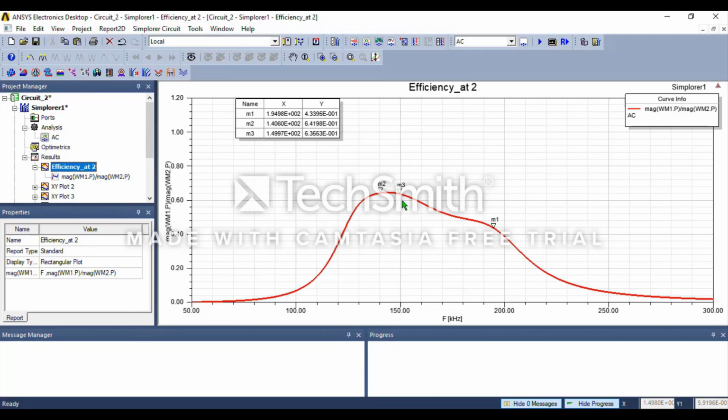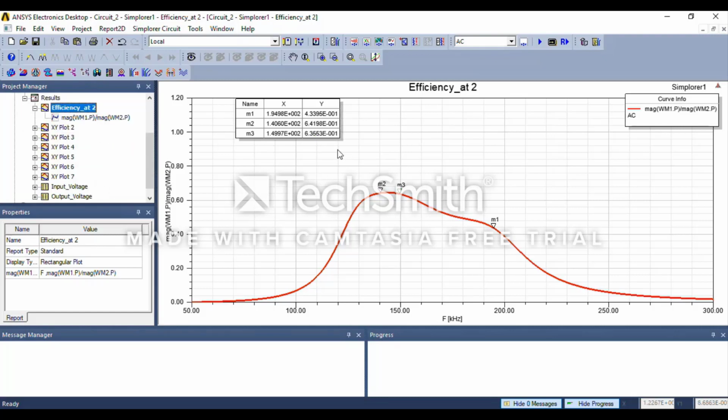As the frequency increases, the efficiency drops. Similarly, for lower frequencies below 150 kilohertz, there is also a sudden drop in the efficiency of power transfer to the receiving coil from the transmitting side. The maximum efficiency is obtained near about 140 to 150 kilohertz, which nearly lies between 0.664 to 0.63.